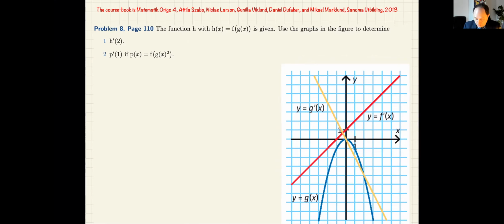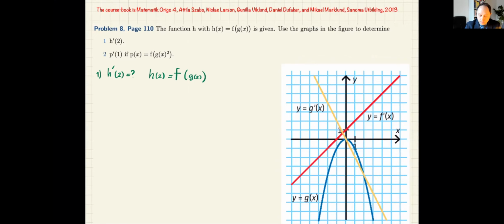So if you are not familiar with these kinds of questions, let us see. Here we want to find h prime of 2. So part number 1, h prime of 2 is wanted. H of x, on the other hand, is given as a composition of two functions, f and g. So definitely this is the chain rule, yes?